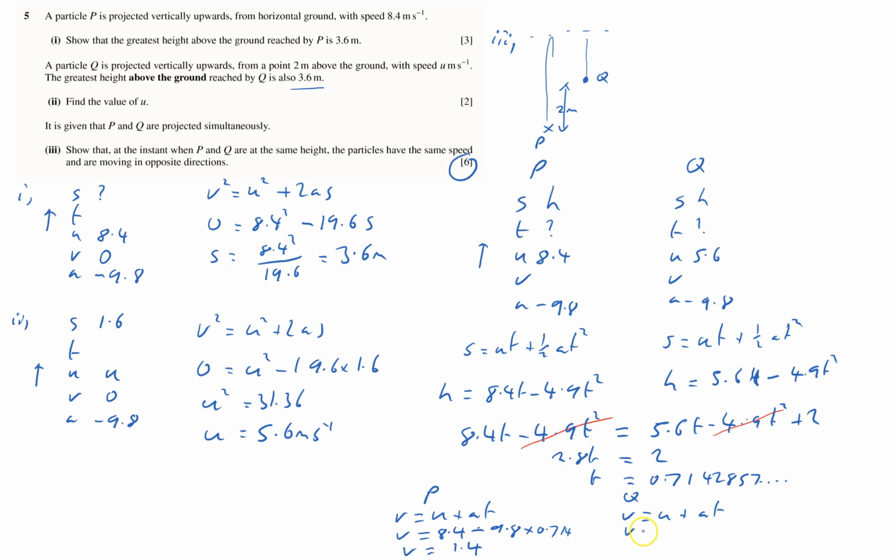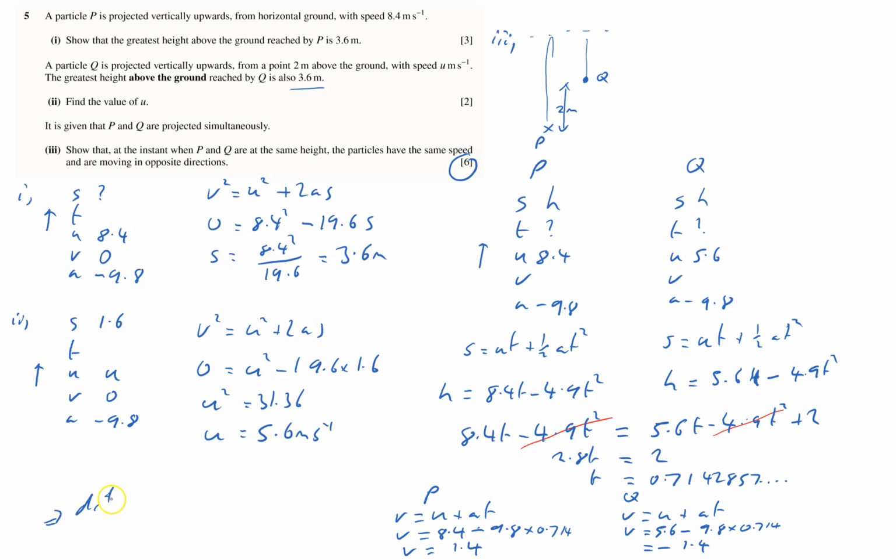And for this one here, v will equal the original speed 5.6 minus 9.8 times what we just worked out, 0.714, etc. And that will equal minus 1.4.